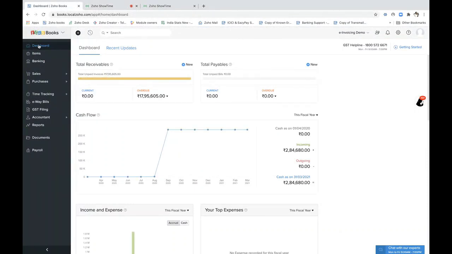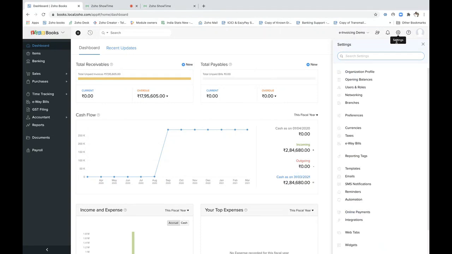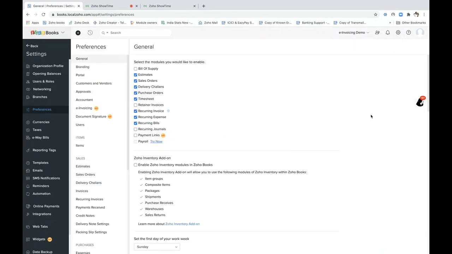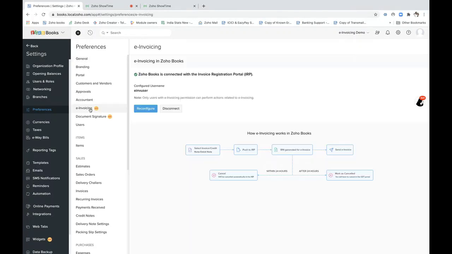So this is the user interface of Zoho Books. To enable e-invoicing, you just need to navigate to Settings and then Preferences, and you would have an option here known as e-invoicing. Currently I have configured a test account, so I'm getting the option of reconfigure, else I'd get an option to connect now.